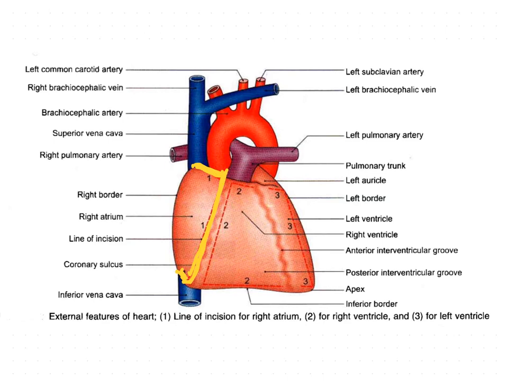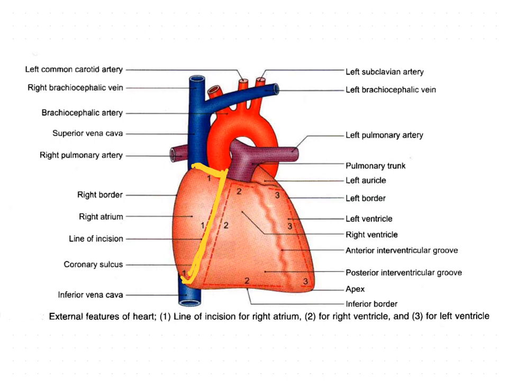Normally in our textbooks it is placed on the left side to expose the crista terminalis, to show the crista terminalis. So the opening is made towards the left side. Here this is the line of incision to expose the right ventricle, and this one is the line of incision for the left ventricle.